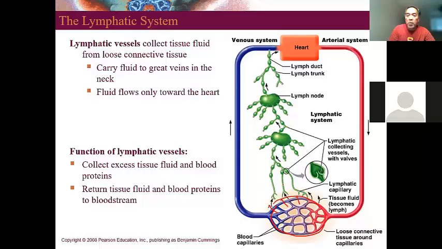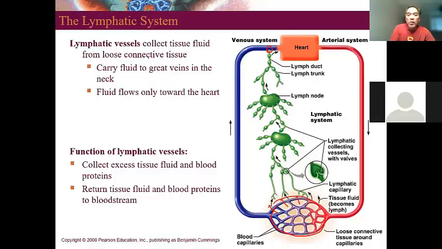And if there's going to be a blockage of the drain, what's going to happen is there's going to be edema or swelling within the tissue. Okay? So we have to follow the drain. And if you notice, the drain enters into the venous system. So they're going to drain back into the venous system.